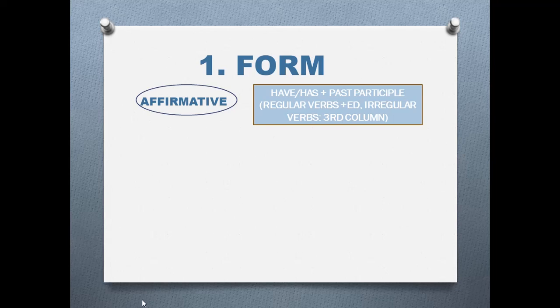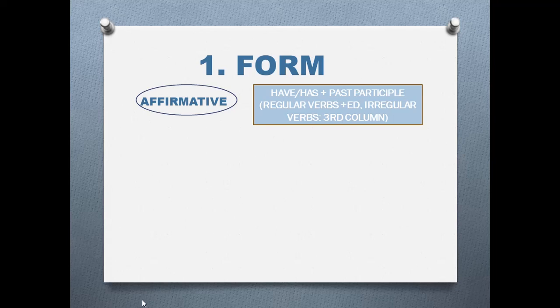And what is the past participle form of the verb? Okay, so it depends on the type of verb that we have. If it is a regular verb, it has the same form as the past simple. So, for example, if you have the verb to work, the past participle will be worked.